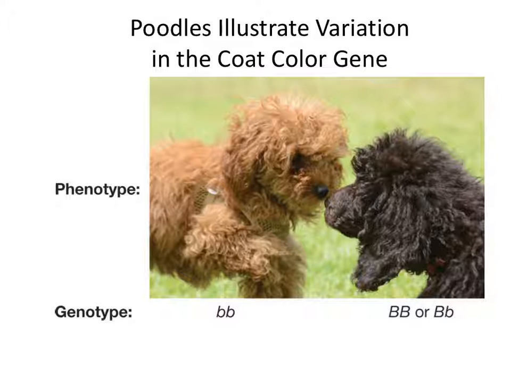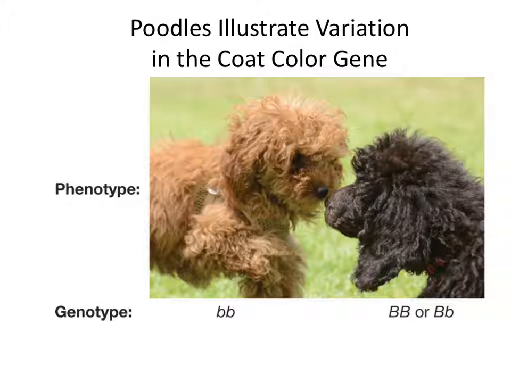Let's say the person decided to dye the hair of these poodles. Then the basis would be the dye. But in this case, the color is due to the protein pigments that are responsible for coat color, and those are coded for in the genotype.